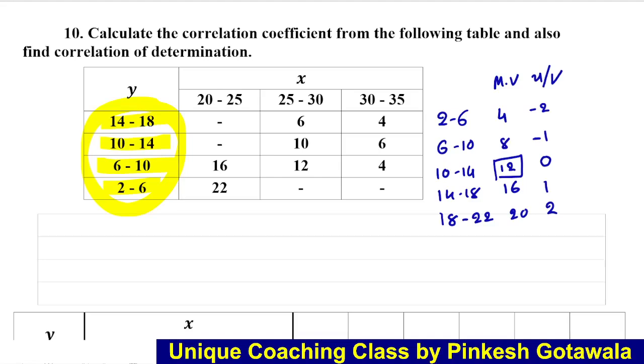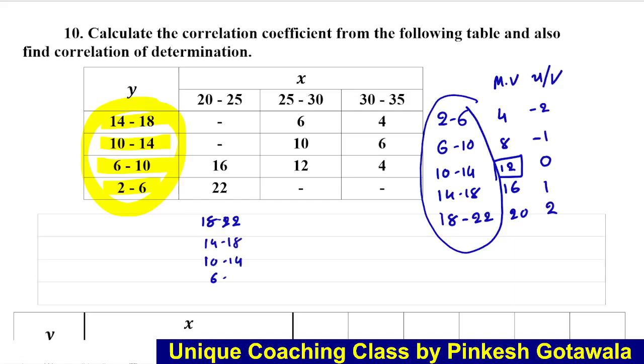But suppose they give it in the opposite direction like this way: 18 to 22, 14 to 18, 10 to 14, 6 to 10 and 2 to 6. Then we find the mid values 20, 16, 12, 8 and 4. Suppose in a question this information is given this way, so this would be our answer.